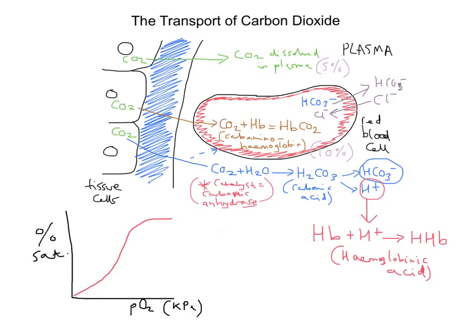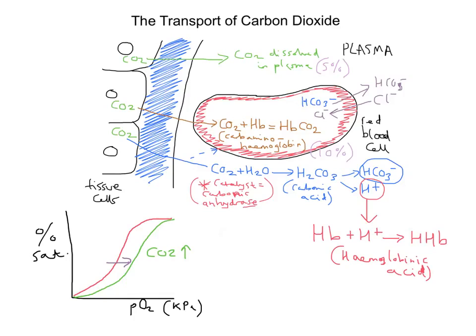Now what we find is that when the carbon dioxide level increases, so when we're in a carbon dioxide rich environment, this curve actually appears to shift to the right. So when the CO2 level increases, this whole curve seems to shift to the right. And let's think about what that means. In a CO2 rich environment, so we're talking about maybe the respiring tissue, more carbonic acid is formed.